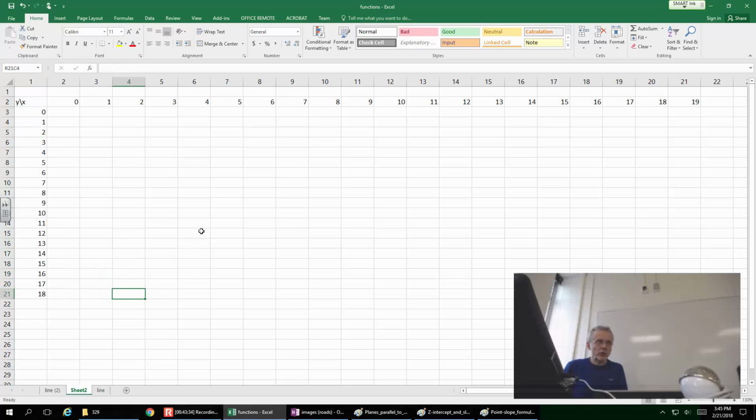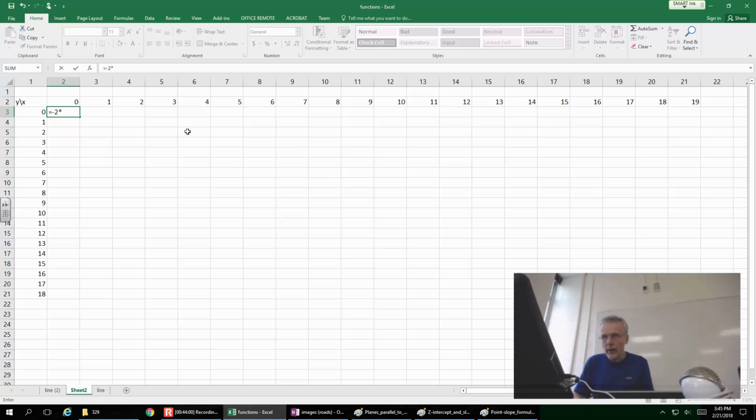The x's and y's are taken care of, but for every single entry within this area we'll have to compute the value of z. So now let's have a formula, pretty much the same as before: negative 2x minus 3y plus 3.